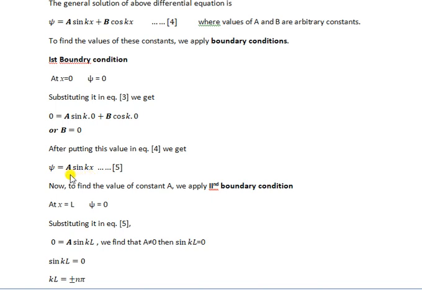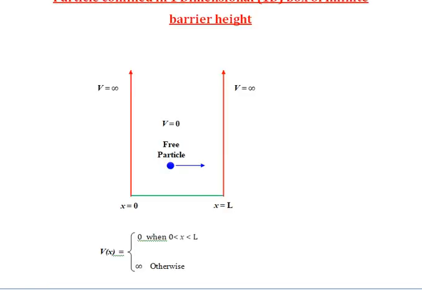To find the value of A, we apply the second boundary condition. And where is the second boundary? The second boundary is at x equal to L, and at x equal to L potential energy is infinite, so the particle cannot penetrate this.